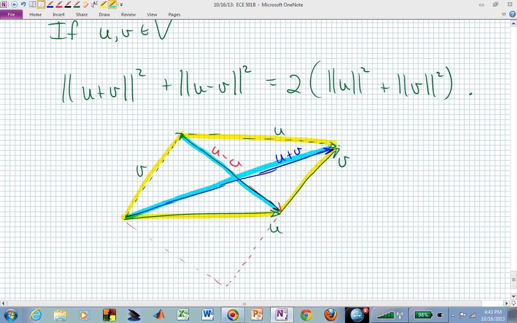That's what we're saying. And this doesn't have to pertain to geometric ideas. We just have to apply it with these norms. These norms are defined by a general inner product. So as long as we have an inner product with the appropriate properties, it satisfies this parallelogram equality.